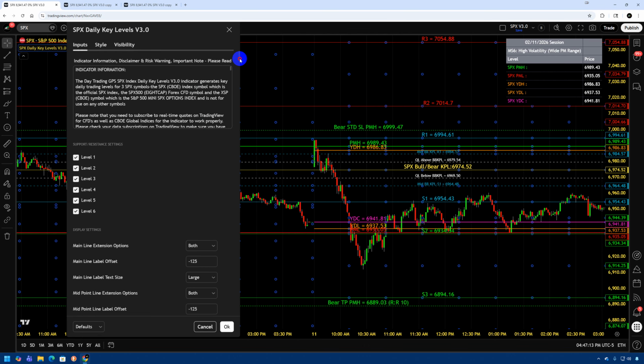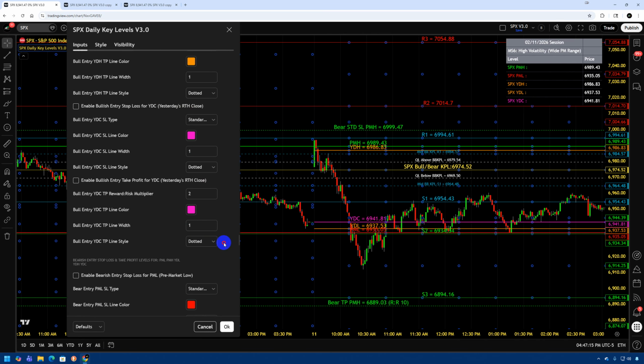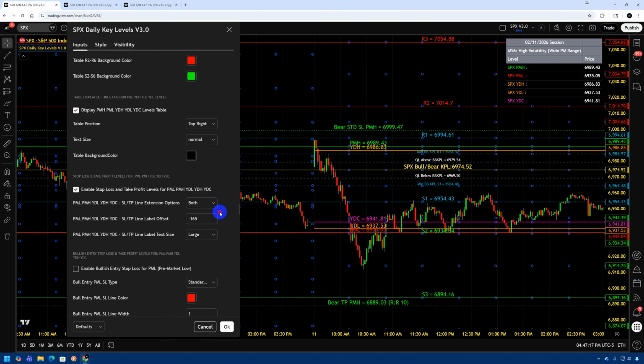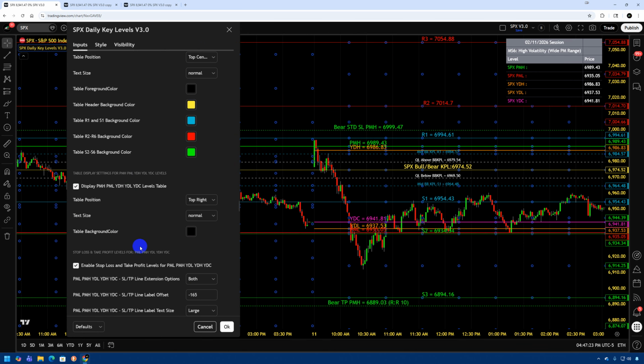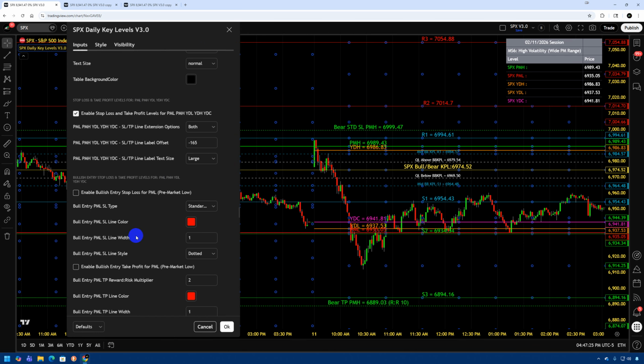Okay, so as I said, these are available for individual levels. So they're separated by bullish and bearish. Remember that this is the master switch. It's already checked by default. However, just because the master switch is on doesn't mean any of these are going to show.